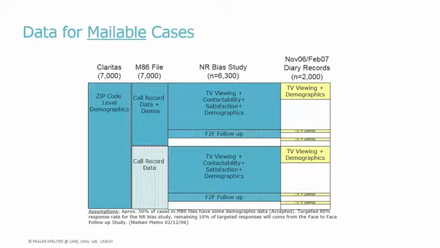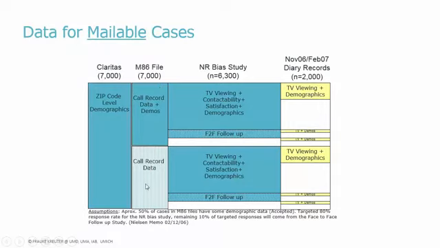This is an idea of how the data structure looks, and in order to evaluate the non-response bias, you need information on respondents and non-respondents. In the initial survey, there wouldn't be information on the non-respondents because they didn't participate. But there are other types of data, like the paradata we mentioned before.